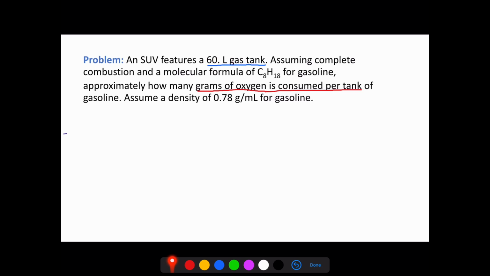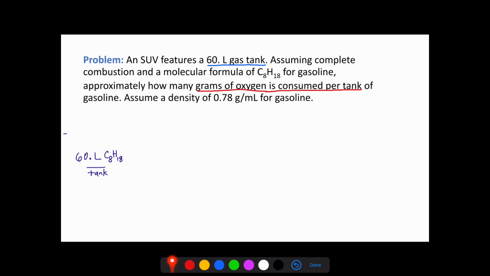Okay, so let's write that down. If you have 60 liters of gas and you're asked to assume that the formula for gasoline is C8H18. Basically, gasoline is mostly made out of this compound, and the name of this compound is octane. Okay, for simplicity, here we are assuming that the entire gasoline is made out of just this.